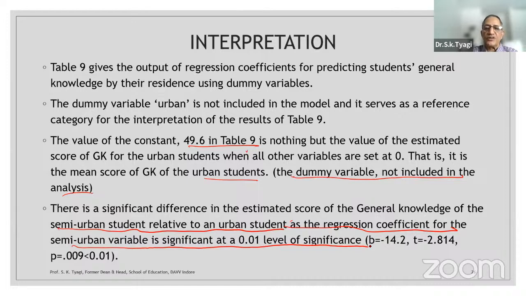It means that the estimated score of general knowledge of the semi-urban student, that is, the variable entered as a dummy variable, is significantly different from the urban student, which serves as the reference category, at the 0.01 level of significance.